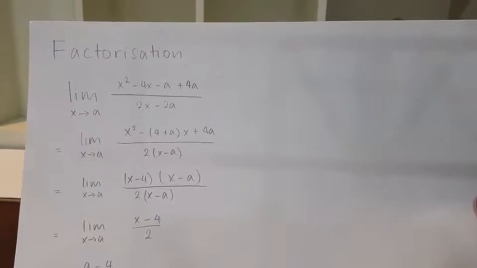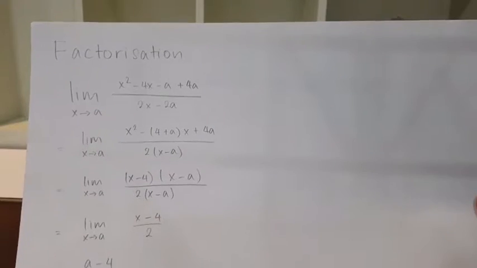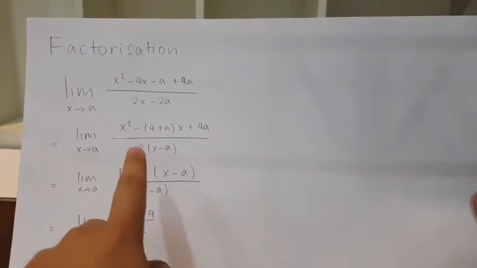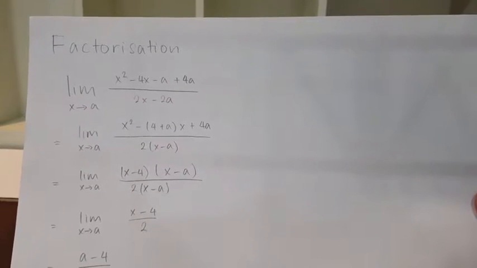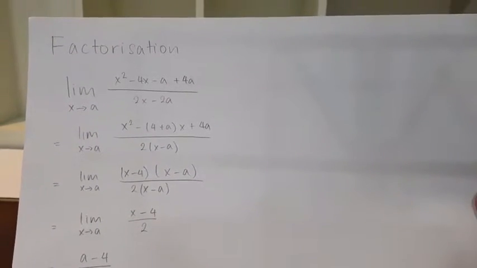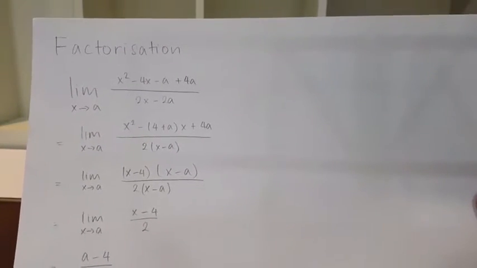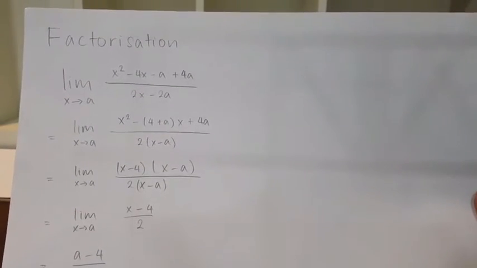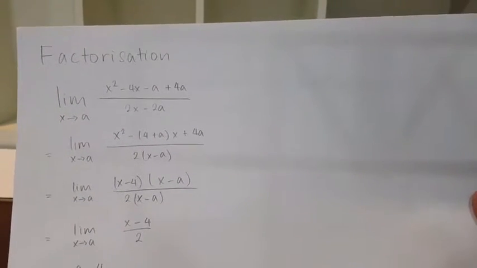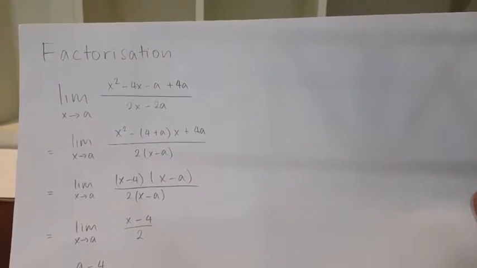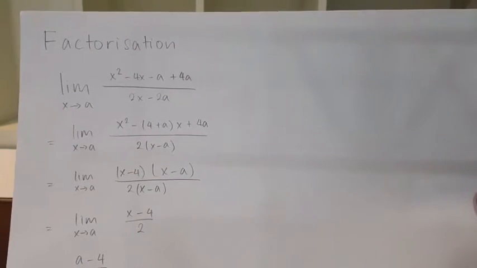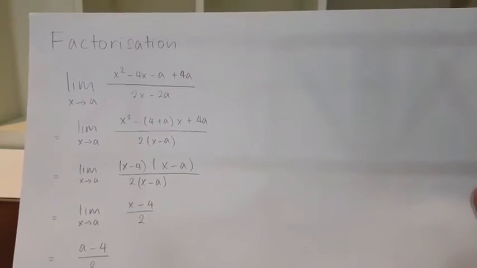Really the first step that we're going to do is to group them by the same power of x's. We can see here x squared minus 4 plus a times x plus 4a over 2 times x minus a. Then the next step is to factorize the upper part of the function to x minus 4 times x minus a over 2 times x minus a, just writing the whole thing down again.